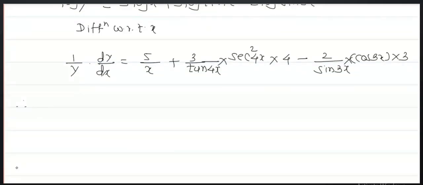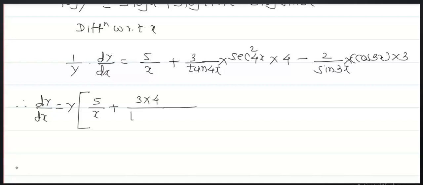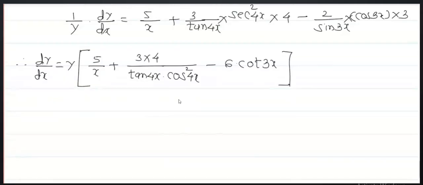Therefore dy by dx is equal to y into 5 upon x plus 3 into 4 upon tan of 4x cos square 4x minus 6 cos upon sin, that is cot of 3x. Now simplify this.